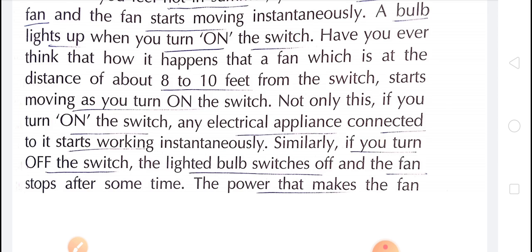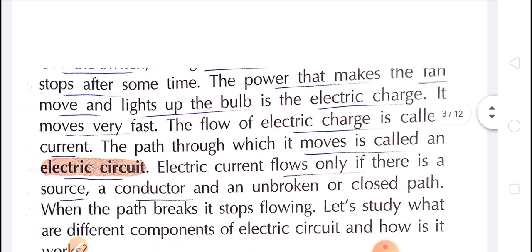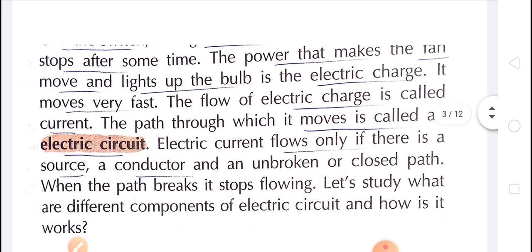Children, the power that makes the fan move and the bulb light up is electric charge. We can say that electric charges move very fast. When we switch on the light, the electric charge runs in the circuit and they work accordingly.